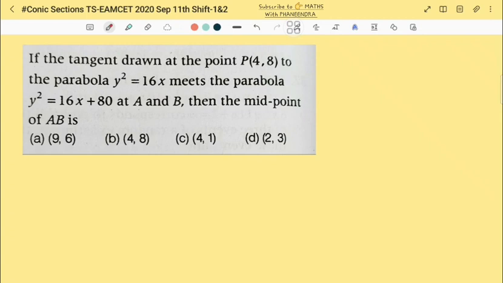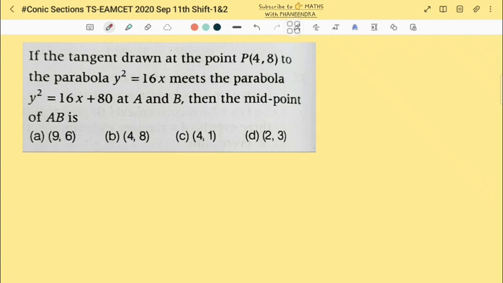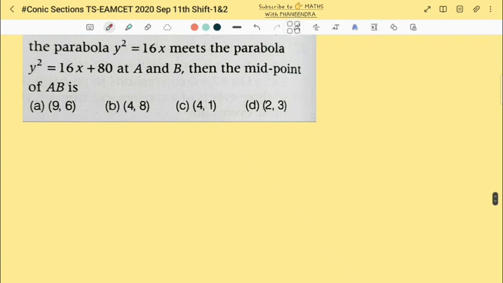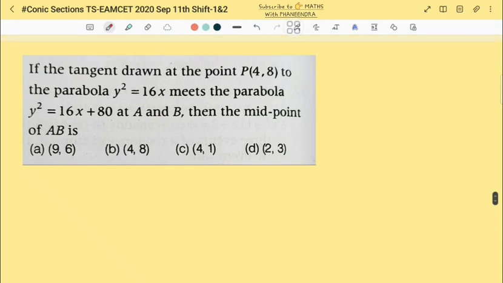They are asking to find the midpoint of the chords. So any idea? The midpoint of the chord's formula, S1 equal to S into S double 1.